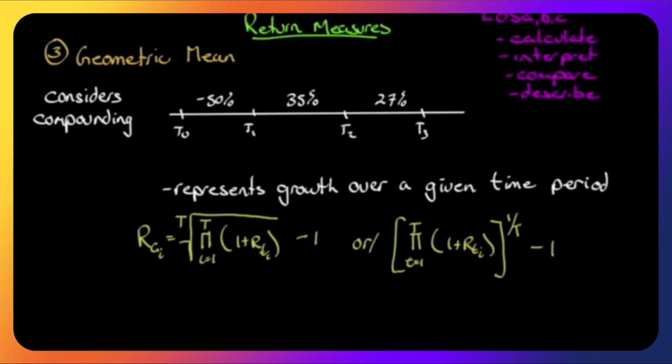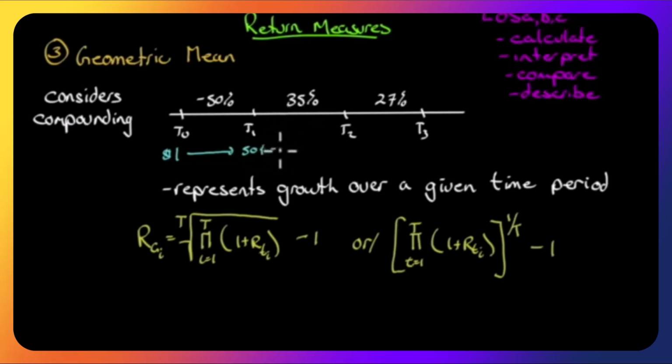Well, let's look at the geometric mean. Again, we've seen this before in the quantitative series, but I'll just go over a nice example with you. This considers compounding. So how does this look? This assumes that, well, we start with $1 here, and we have a negative 50% return. We'll end with 50 cents.